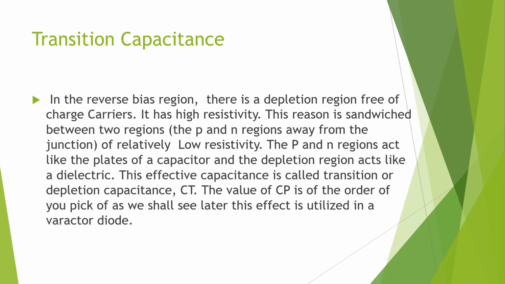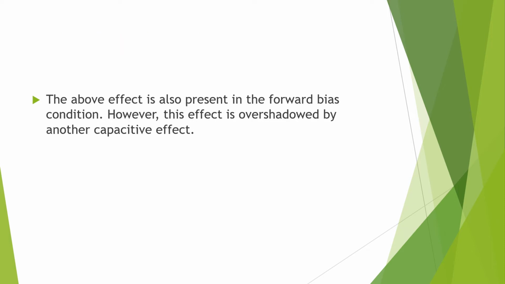The P and N regions act like the plates of a capacitor and the depletion region acts like a dielectric. This effective capacitance is called transition or depletion capacitance (CT). The value of CT is of the order of picofarads, as we shall see later. This effect is utilized in a varactor diode.